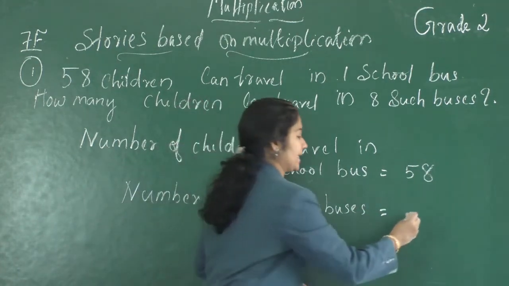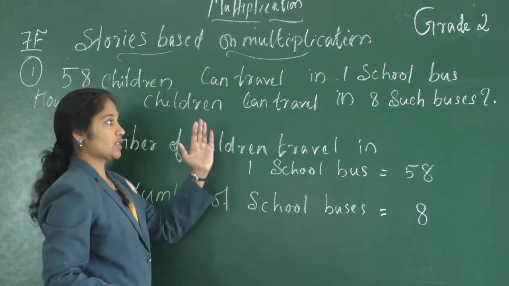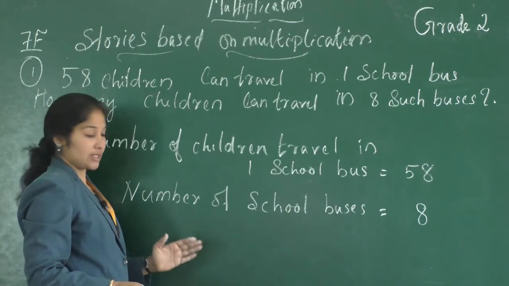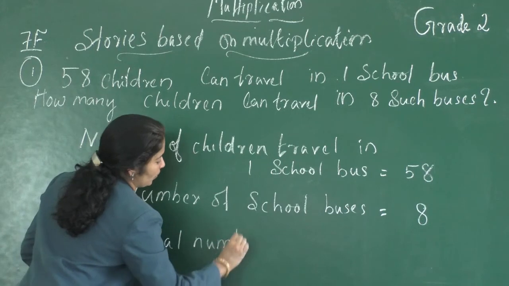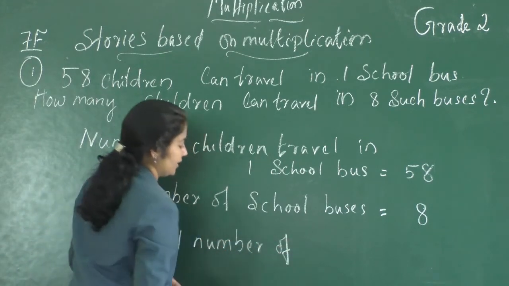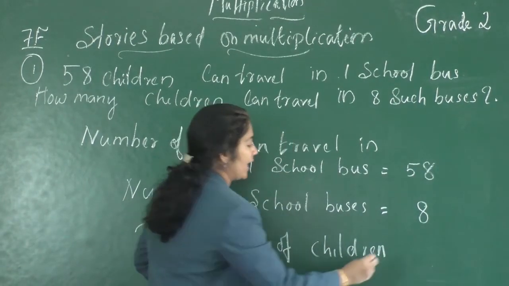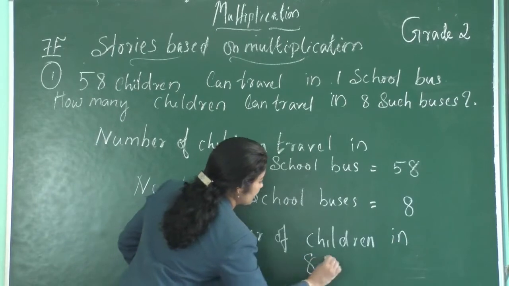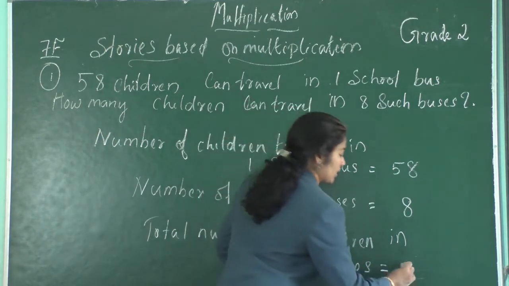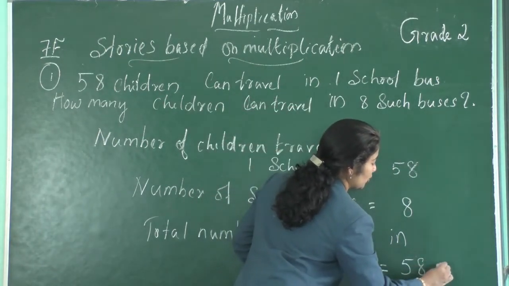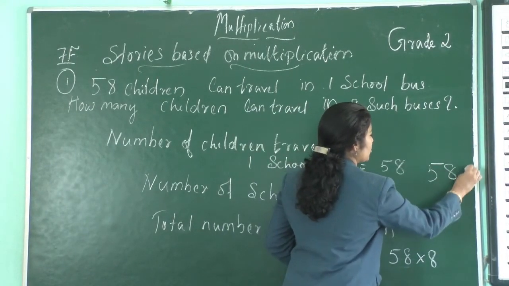How many school buses? Yes, 8. So we have to find 8 such buses. How many children? So the total number of children traveling in 8 buses is equal to 58 into 8. You can multiply 58 into 8.